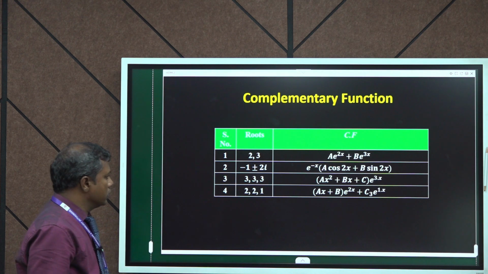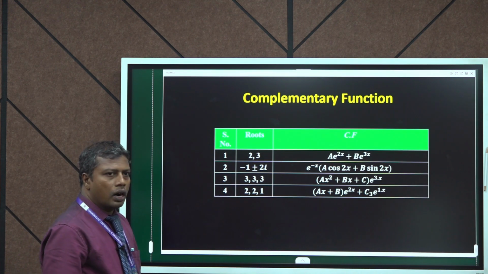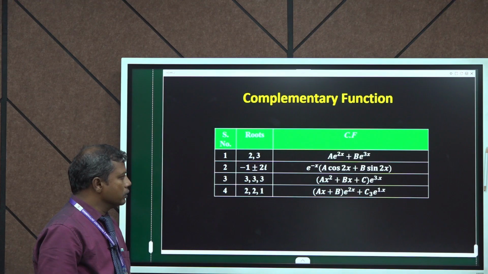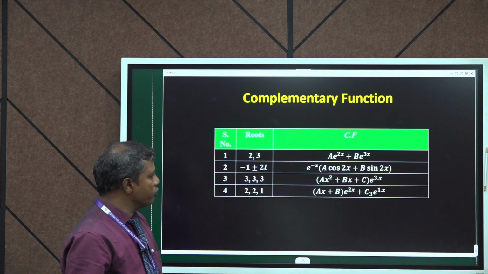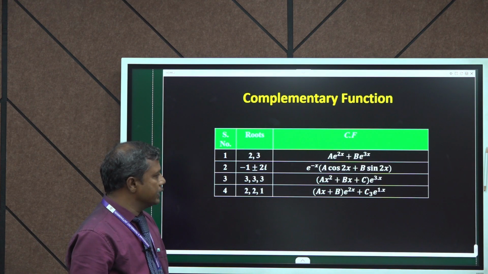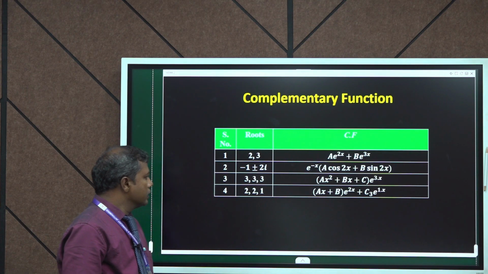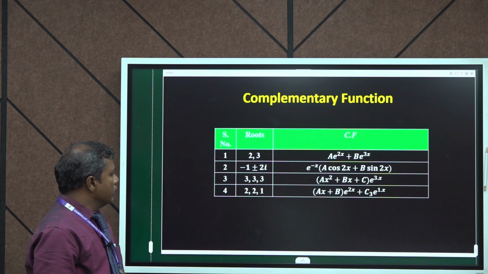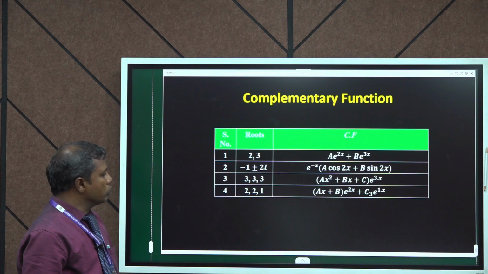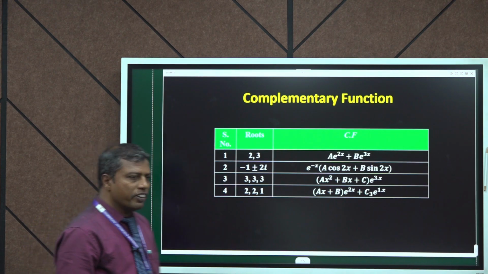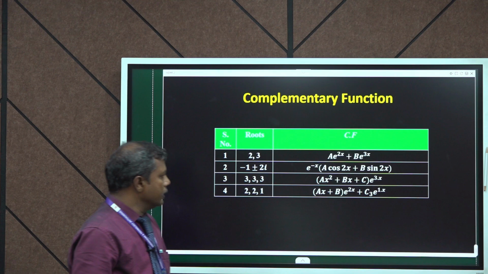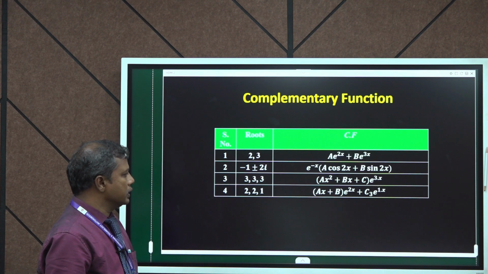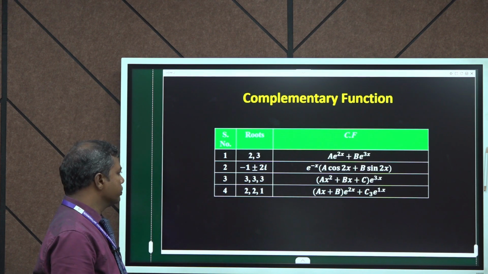If the roots are all 3, 3, 3, we have the complementary function as (a x square plus b x plus c) e^(3x). If the roots are 2, 2, 1, then the complementary function is (a x plus b) e^(2x) plus c3 e^x.